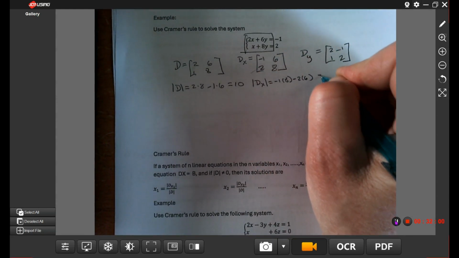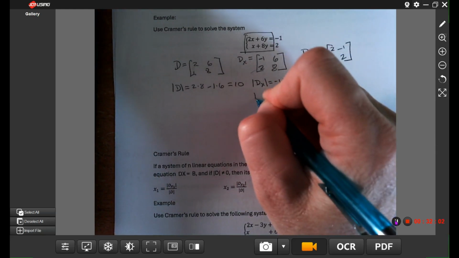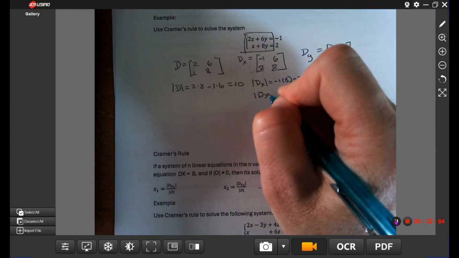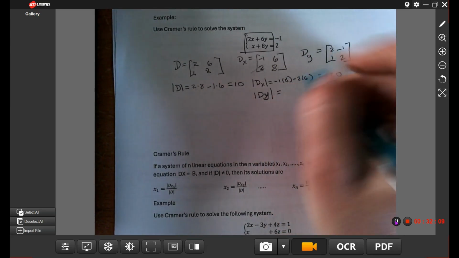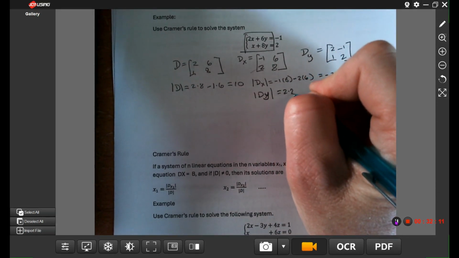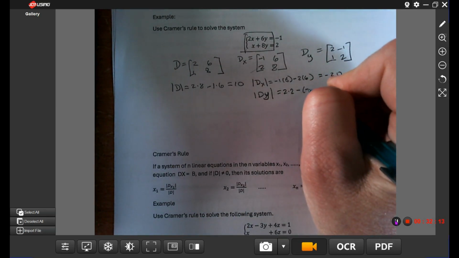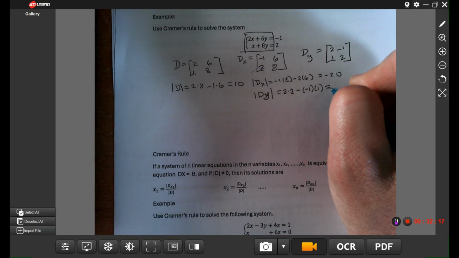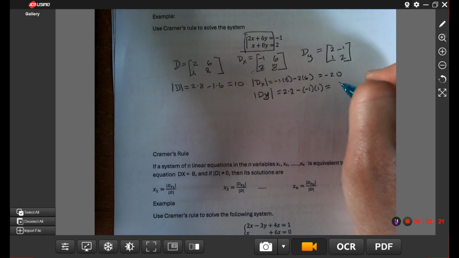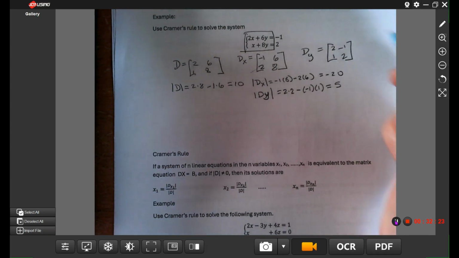So that's -20. And the determinant of d sub y is equal to 2 times 2 minus -1 times 1. So that equals 5.